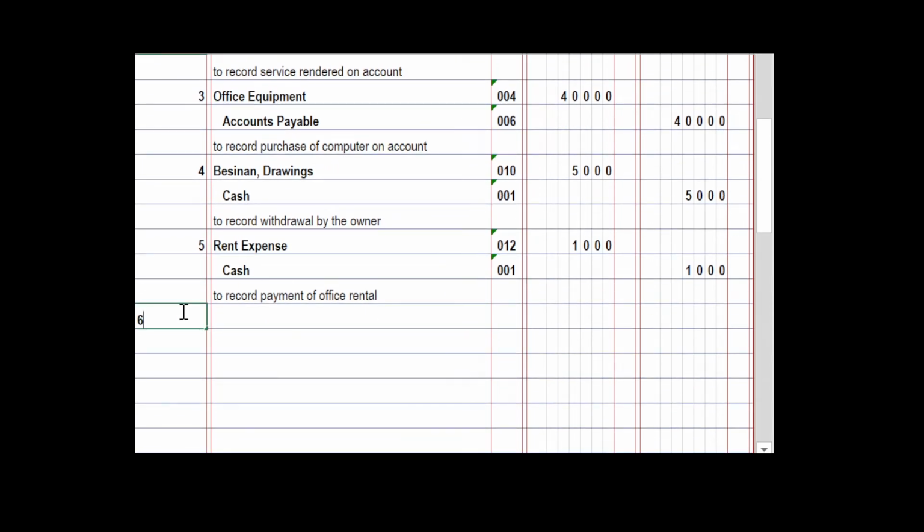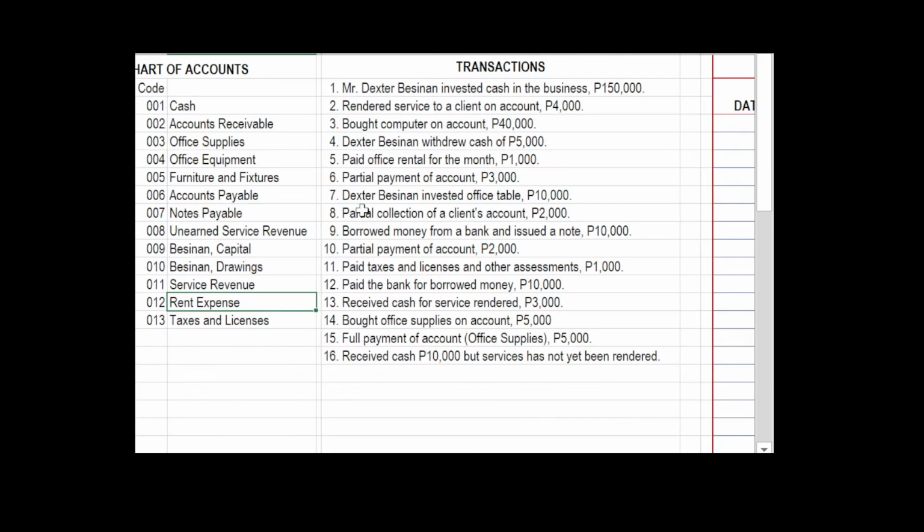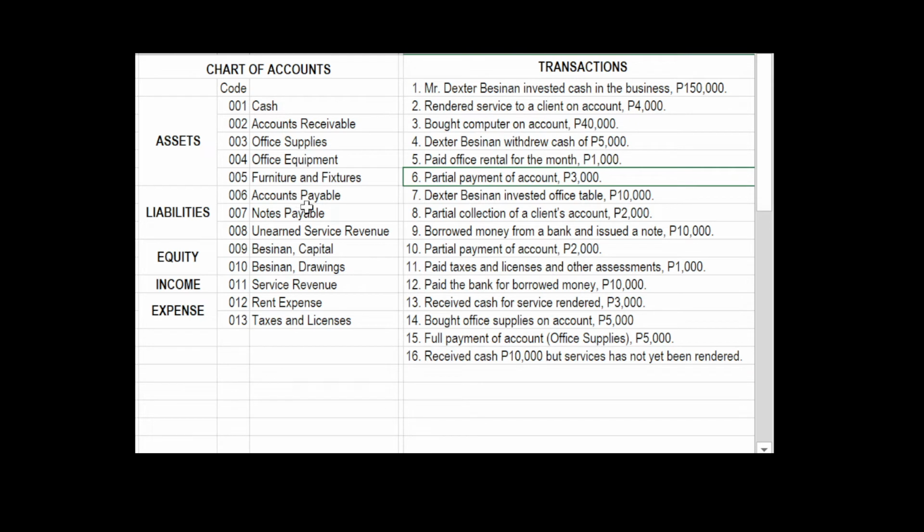And then, next, 6, partial payment of account. Okay, magbabayad daw tayo ng utang natin. Saan ba tayo nagkaroon ng utang? Dito sa number 3 na meron tayong utang. So, babayaran natin yan partially, 3,000. Walang pumasok sa business, pero na-analyze natin na mababawasan yung utang natin. So, si utang or si liabilities nasa credit side.